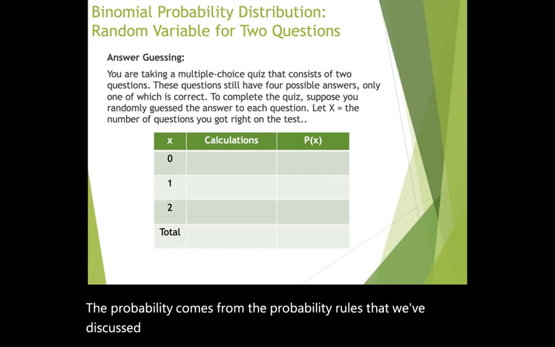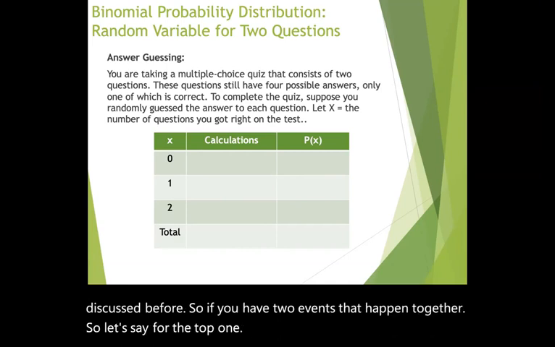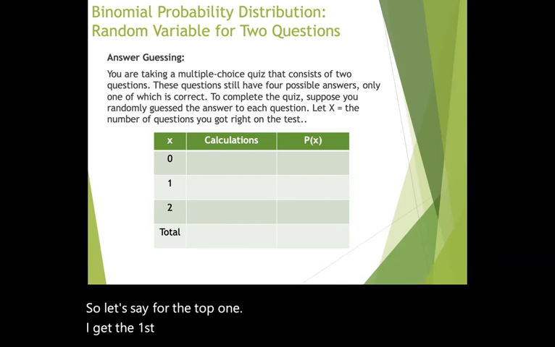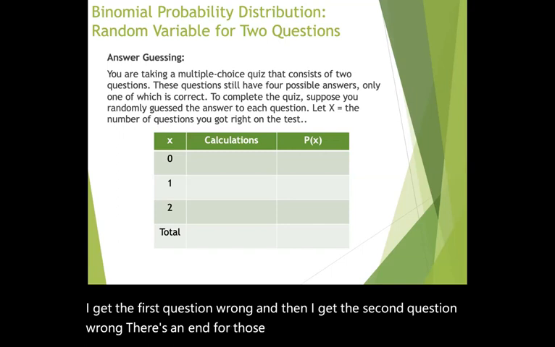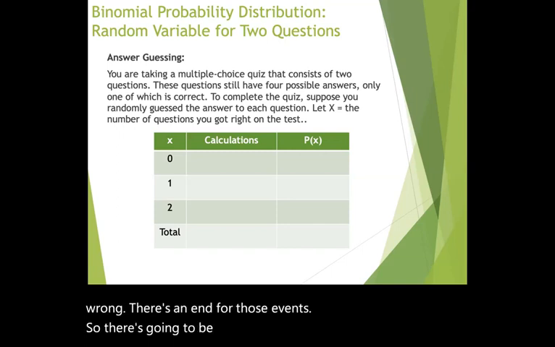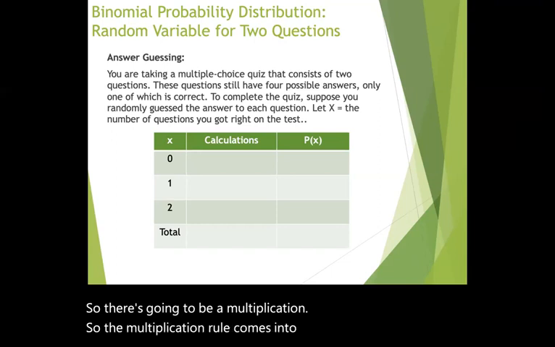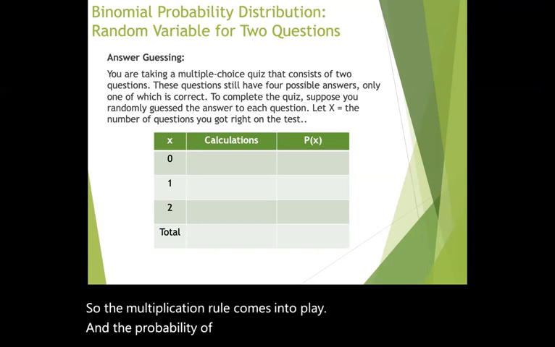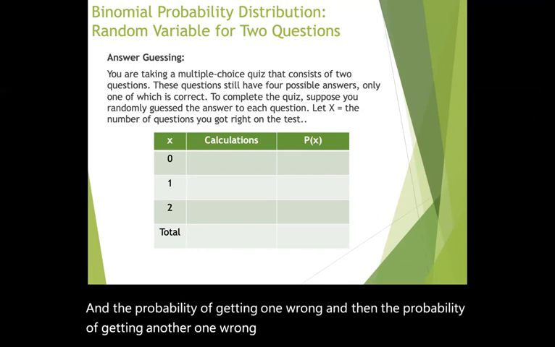If you have 2 events that happen together, so let's say for the top one, I get the first question wrong, and then I get the second question wrong. There's an "and" for those events, so there's going to be a multiplication. The multiplication rule comes into play, and the probability of getting 1 wrong, and then another 1 wrong, would be 3/4 times 3/4.